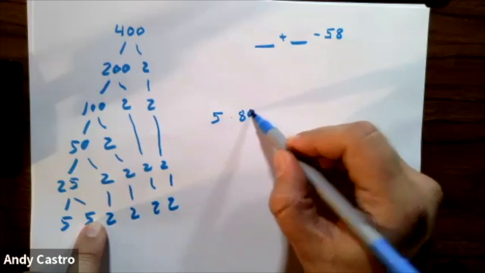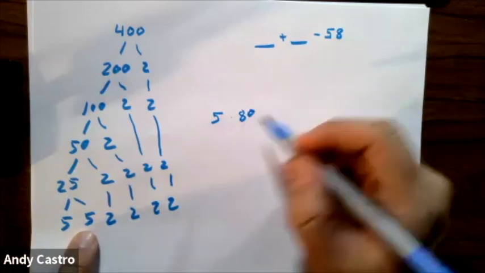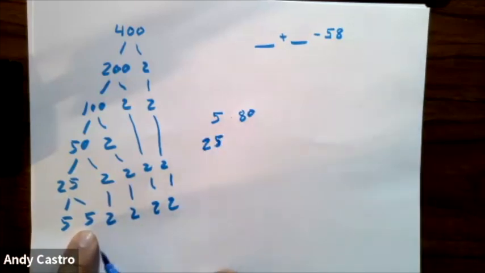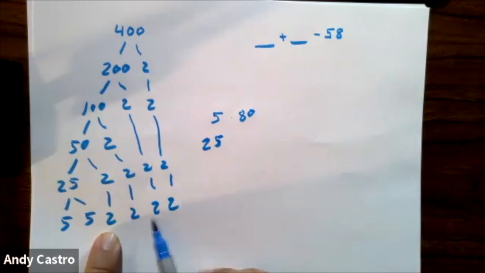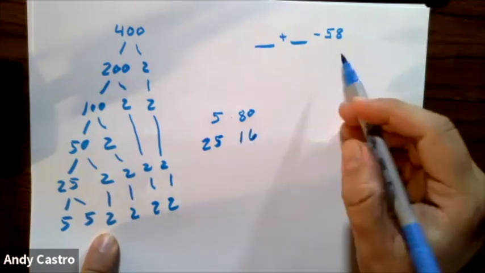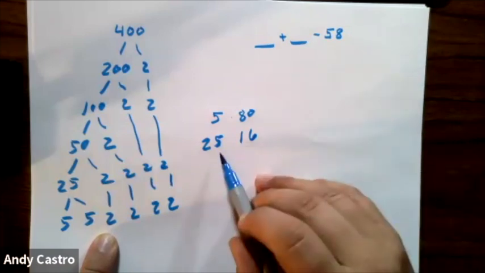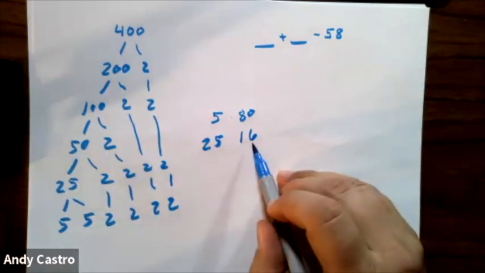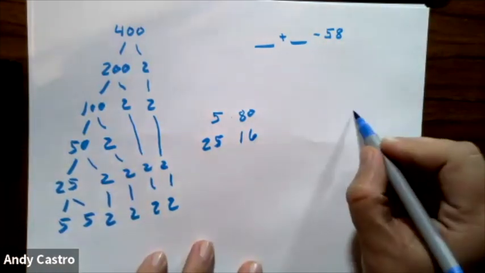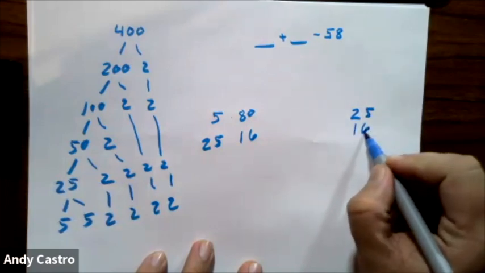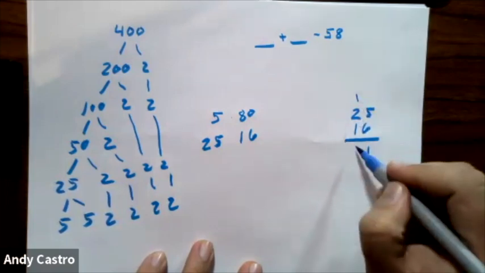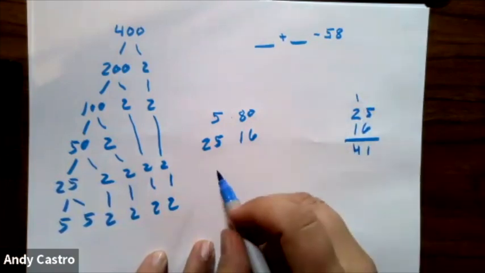So 5 and 80. 25 and 4 times 4 is 16. Would that get me close? I don't think so. 25 plus 16, nah, that would give me 41. Not close. Okay.